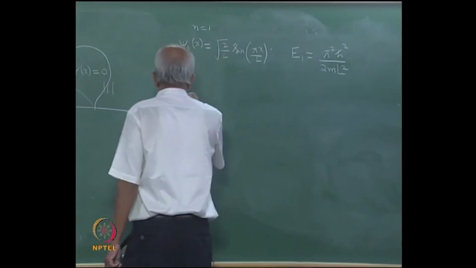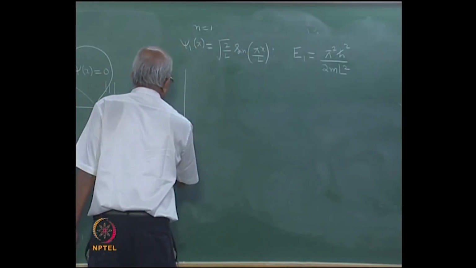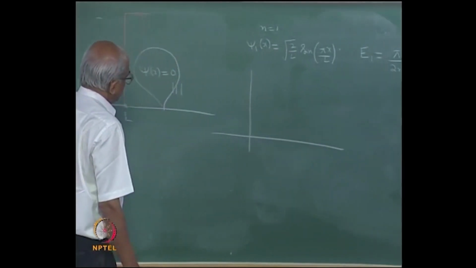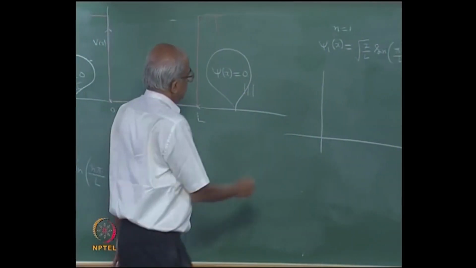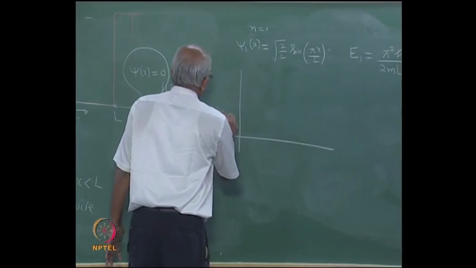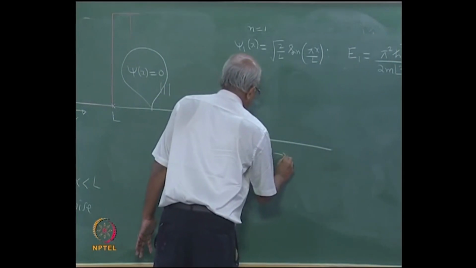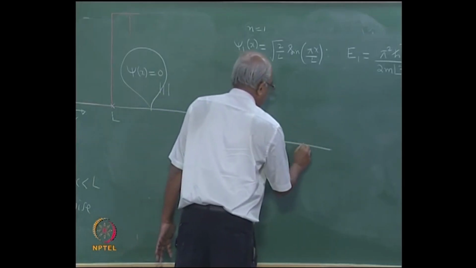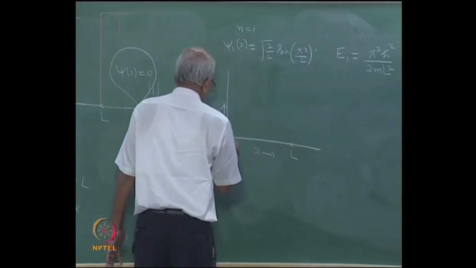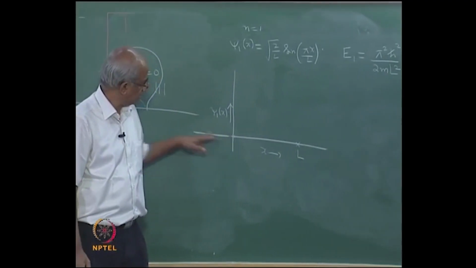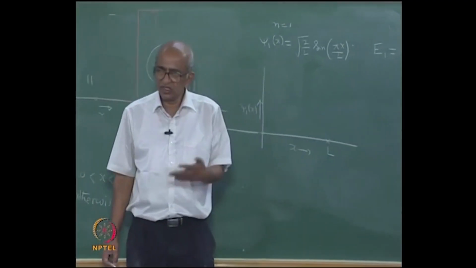And if I were to make a plot of this function, how would it look? Psi 1 of x is going to be plotted along the vertical axis and x along the horizontal axis, running from 0 to capital L. In this region, it is not even necessary for me to plot the function, because in this region as well as in that region, I know that the function is 0.